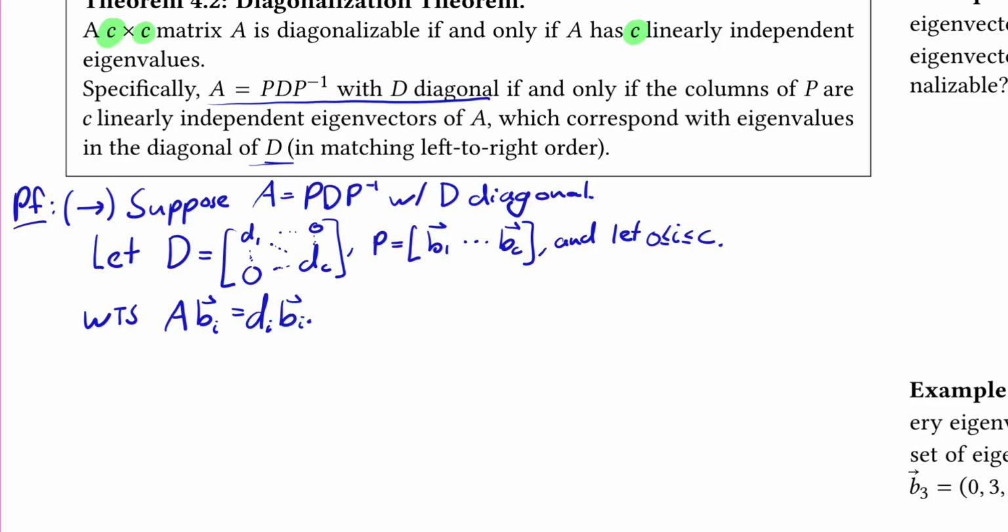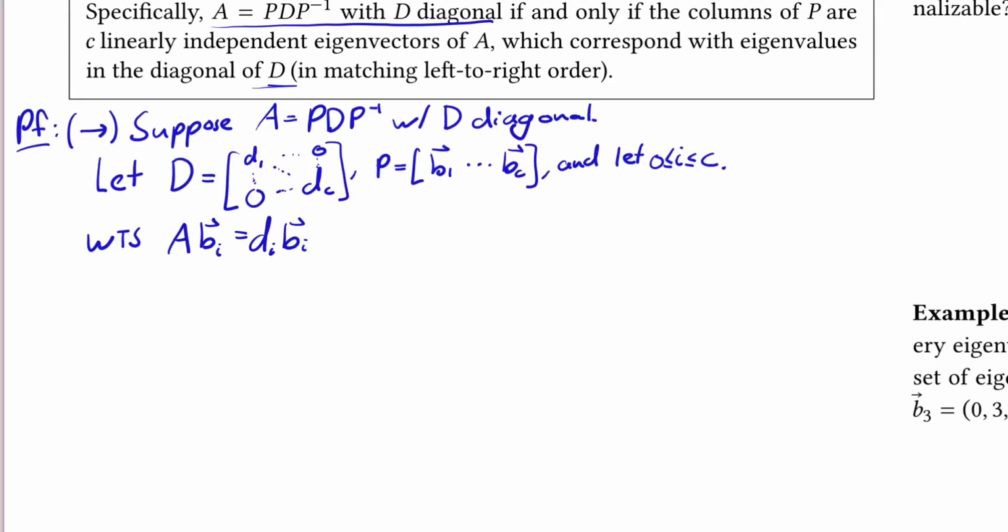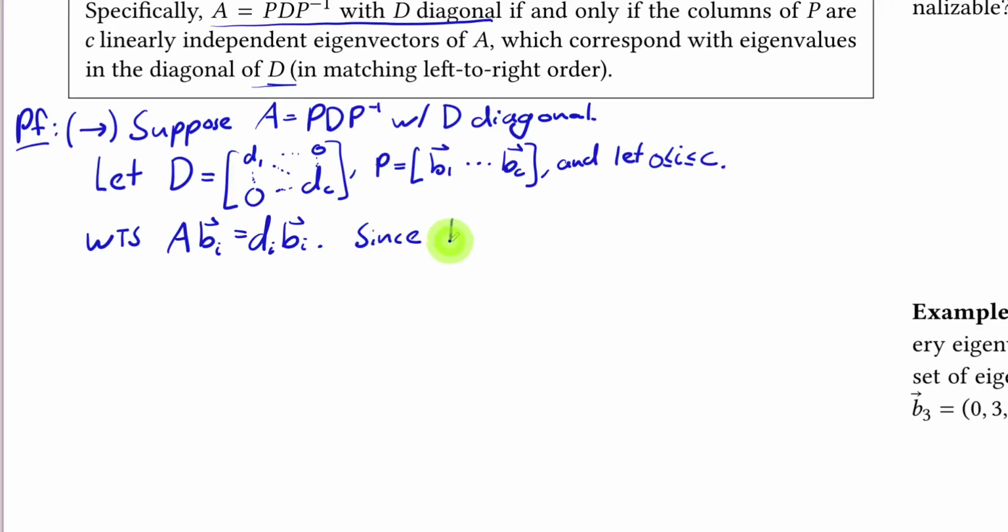Now we can do this using the same trick from the second way I did part A here, which is that since P inverse times P is the identity, the ith column of P inverse times P is going to be P inverse times BI, and the ith column of that must be equal to the ith column of the identity, which is EI.